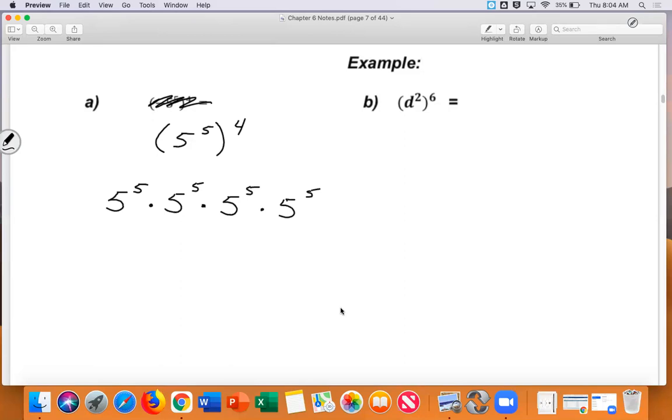Okay. Now, what does each of these mean? What does this mean? 5 times 5 times 5 times, right?